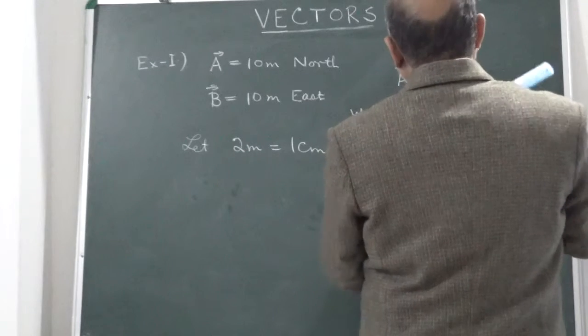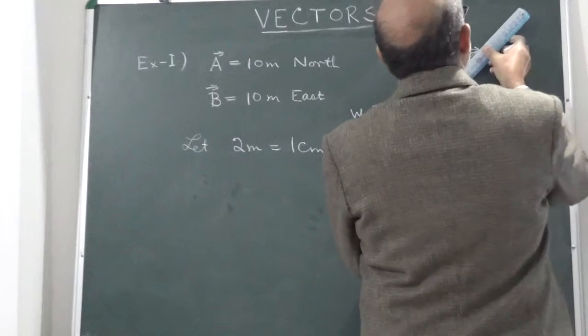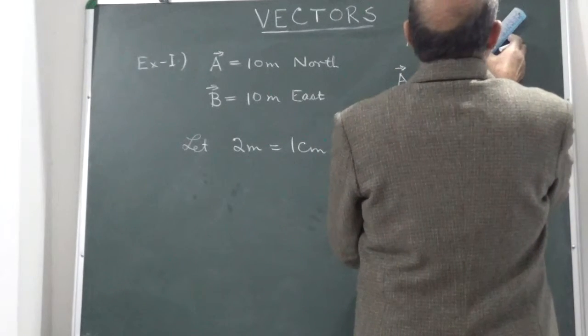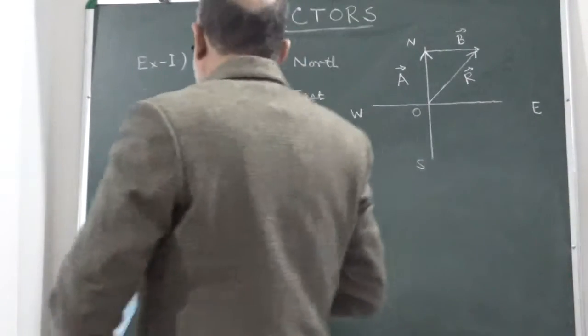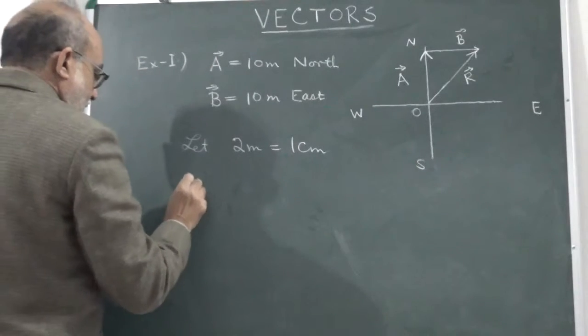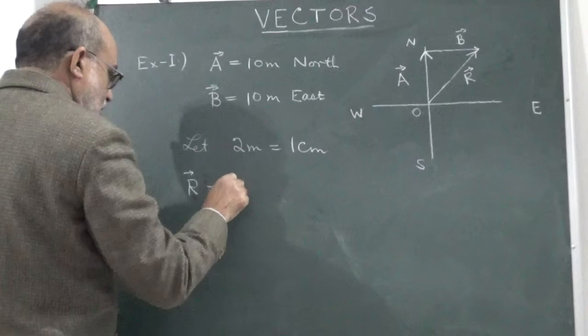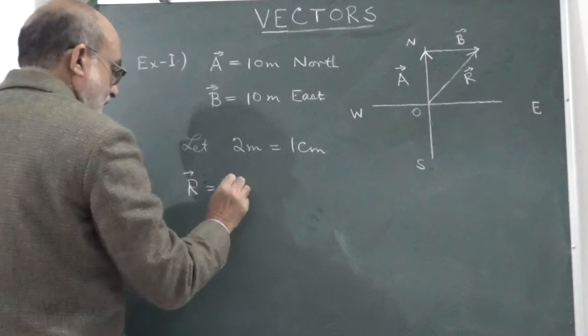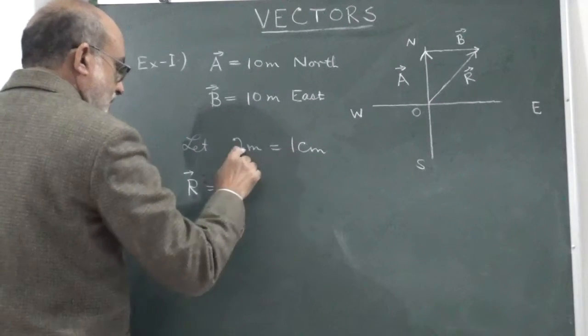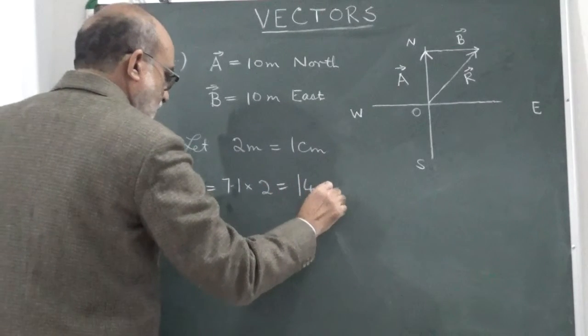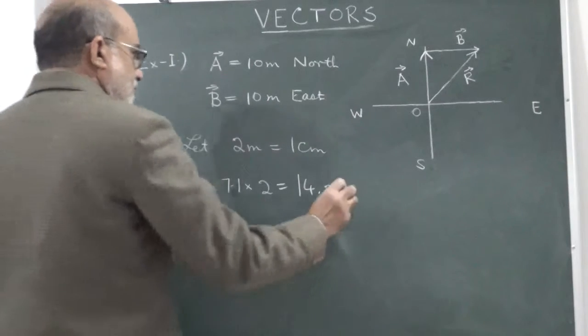Now, this is about 7.1 inches. So the length of the resultant vector is 7.1 inch times 2, which comes out to be 14.2 meter.